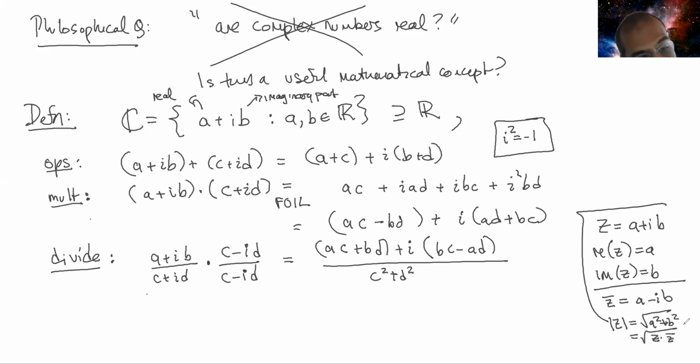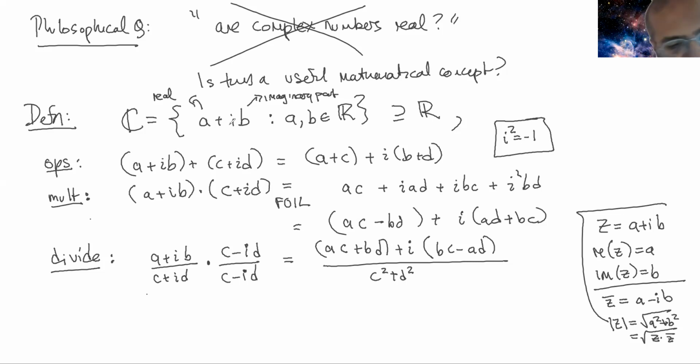That's how you define arithmetic on complex numbers. It's basically just algebra with these expressions of type a plus ib, except i squared equals -1, and you define the usual arithmetic operations in this way.